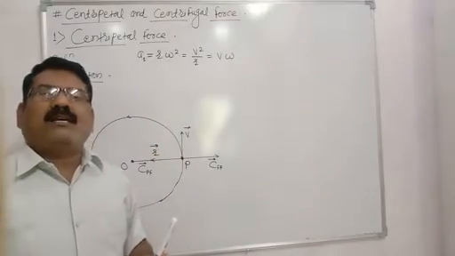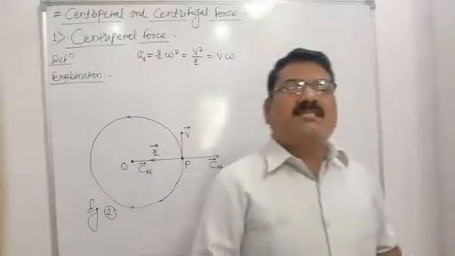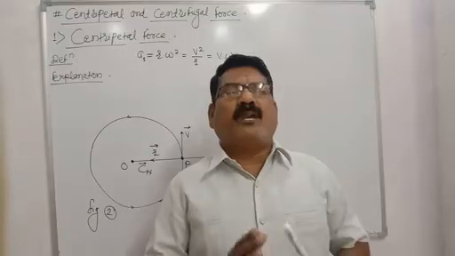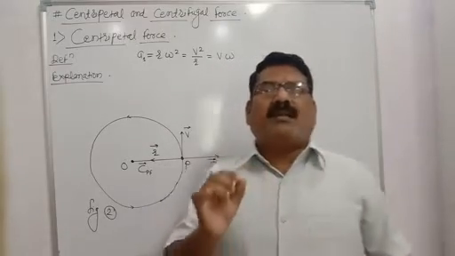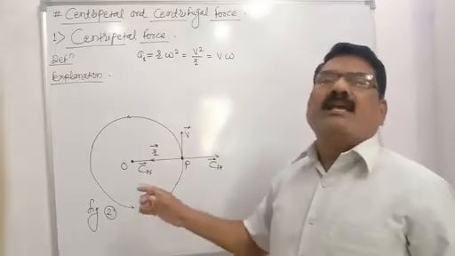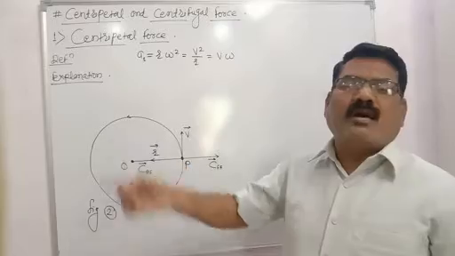That is called the centripetal force, and this centripetal force is the real force. It is a real force because when the centripetal force is acting on that particle, then and only then does the particle perform circular motion.